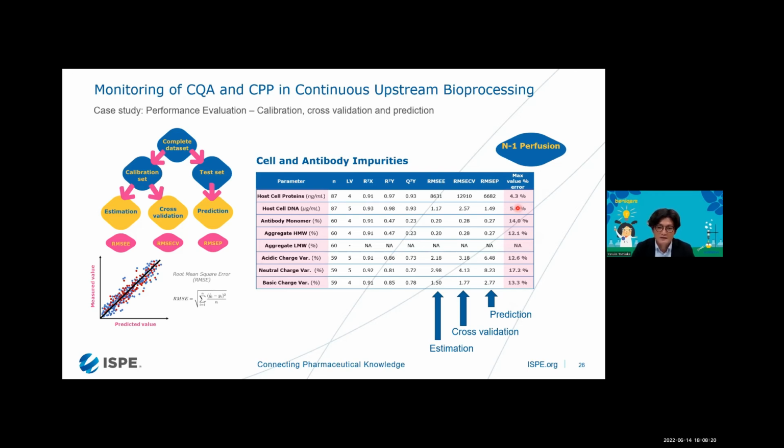But in the case of the other parameters, such as monomer detection, aggregate detection, and charge variant, each error value is over 10%. So the accuracy of detection depends on each parameter's characteristics.